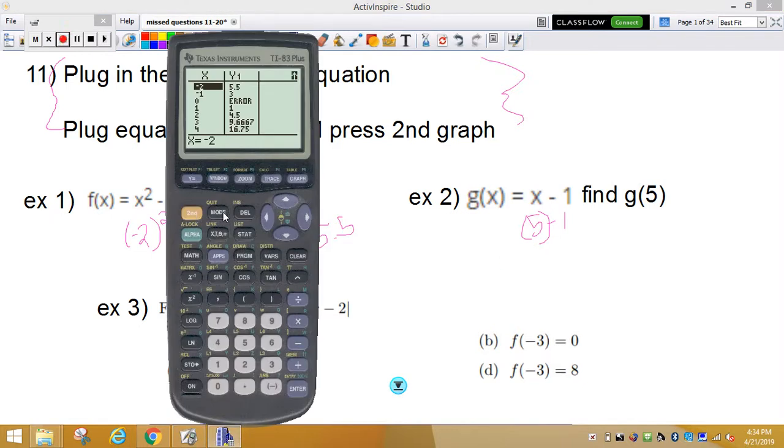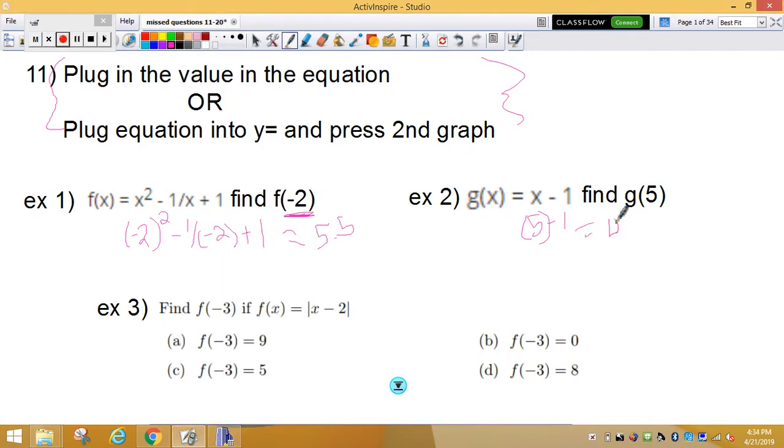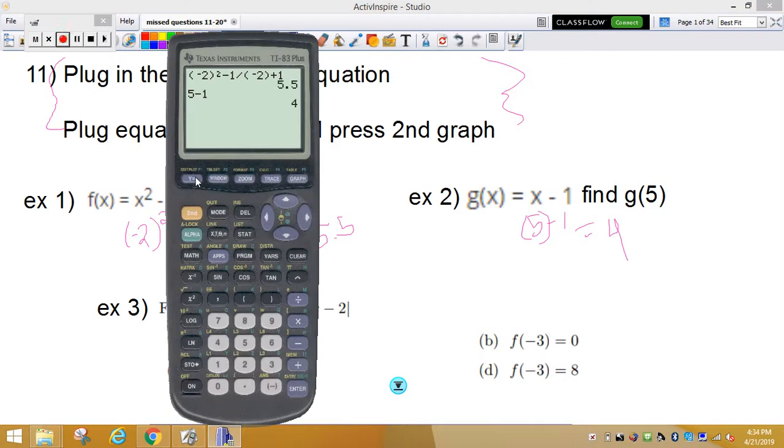So doing it on the normal screen, you would just do 5 minus 1, which is 4. Doing it in y equals, you would go to y equals, clear that out, and we would type in x minus 1. We would do second graph. And when x is, this time we want 5, because that's what's in the parentheses. When x is 5, we get 4. So both ways will give you the right answer.